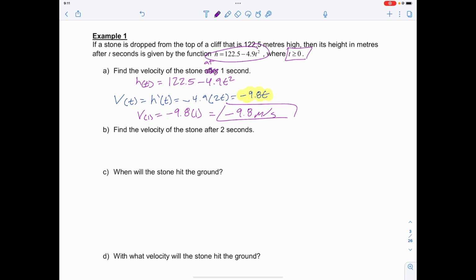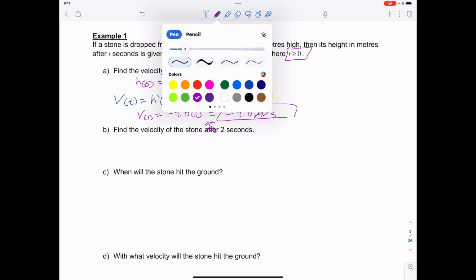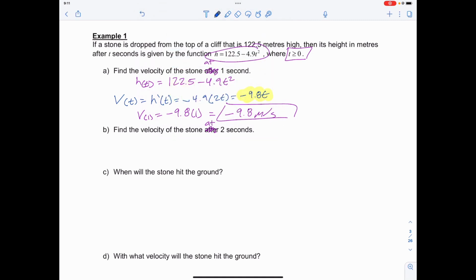Don't forget to use those units. When it says what is the velocity after 2 seconds, same idea. The velocity at 2 seconds is negative 9.8 times 2, which gives me negative 19.6 meters per second.